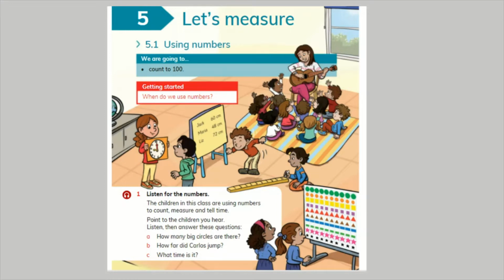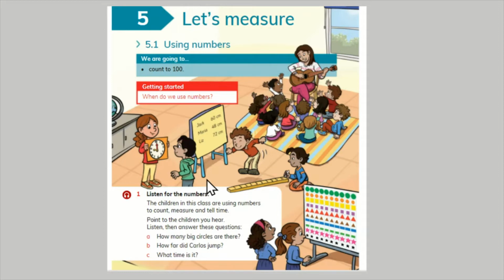Track 54. There are a lot of shapes on this chart. Yes, there are. There are 10 big circles and 10 little circles. There are 10 big squares and 10 little squares. There are 10 big triangles and 10 little triangles. There are 10 big rectangles and 10 little rectangles. There are 10 big hearts and 10 little hearts.